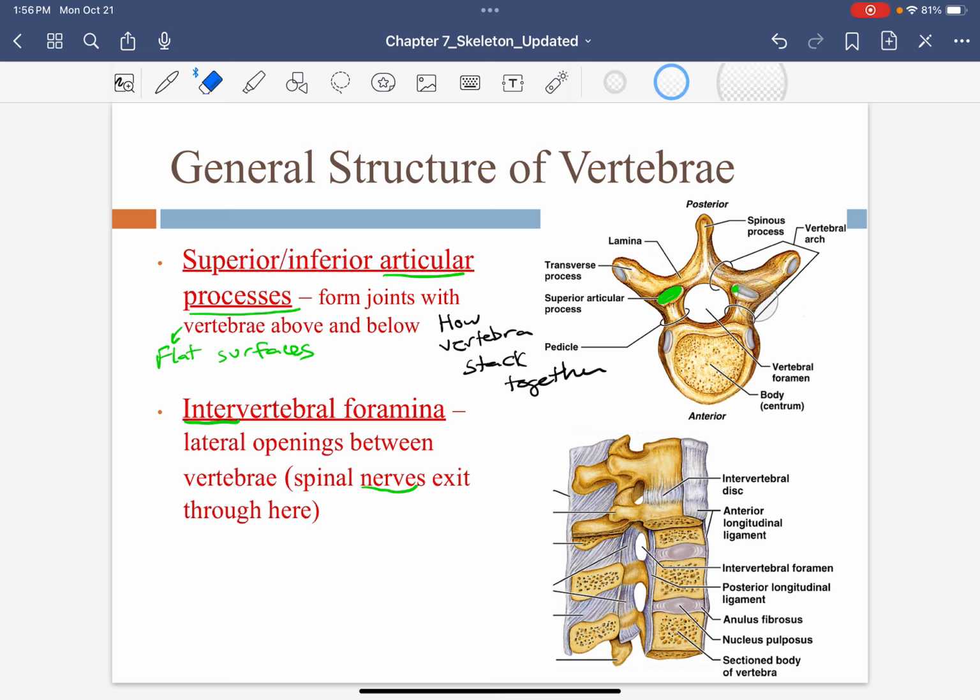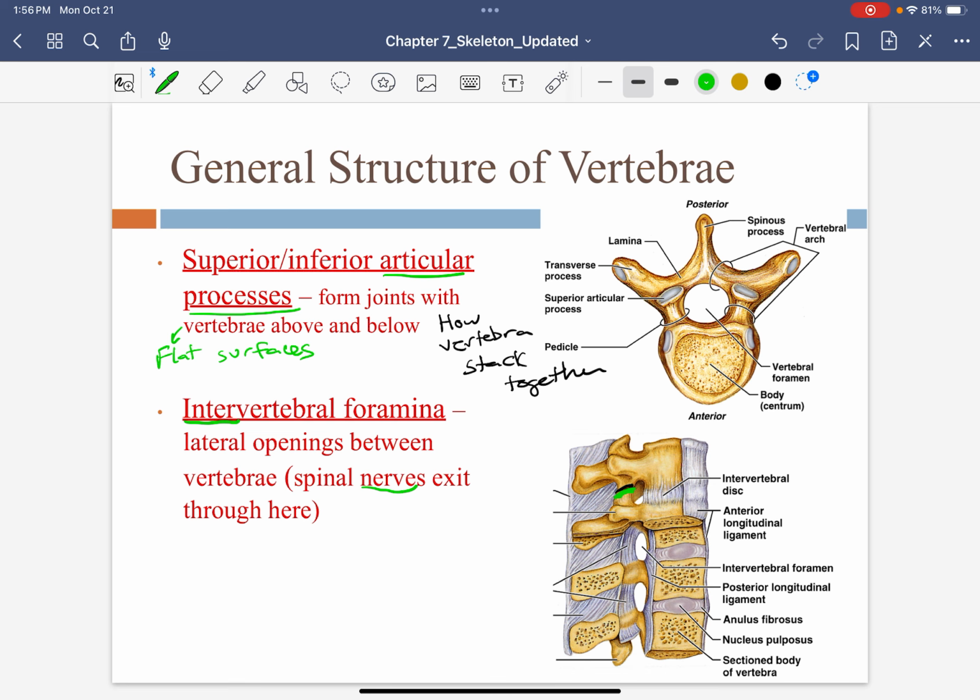If I remove my drawing so you can see it again, an articular process is a flat surface. But here we can zoom in. The flat surface of one vertebra will connect with the flat surface of another. If we wanted to be specific, we could say that the inferior articular process of this vertebra connects with the superior articular process of the other.